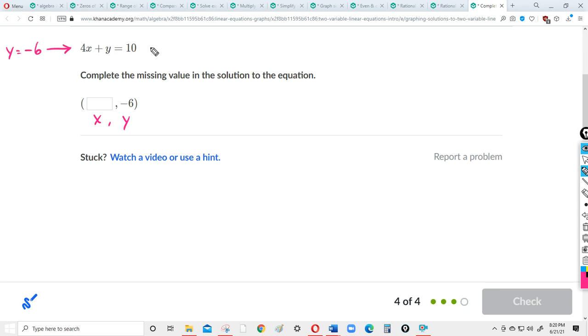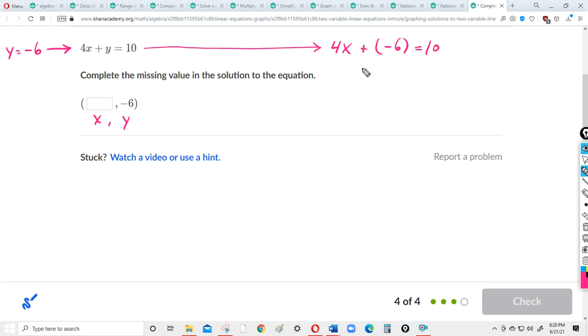Alright, so I'm going to rewrite this equation. We have 4x plus y, but we said y is -6, so I'm going to do plus -6 equals 10.